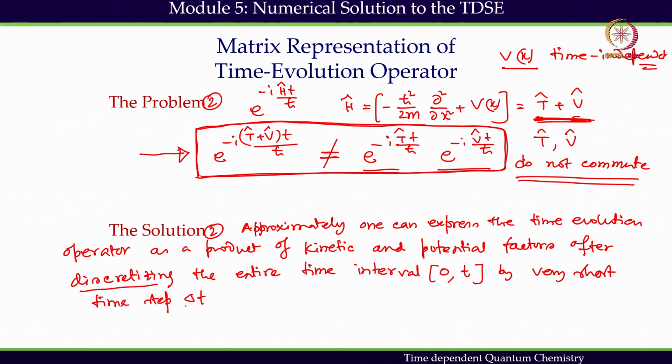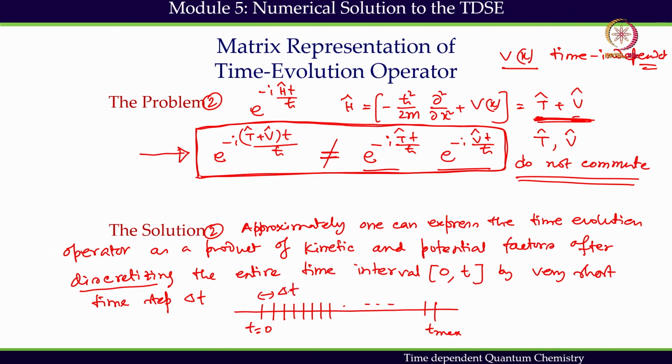If I do that, I have a time starting at t equals 0, ending at t max, and each time step is discretized now, and the time interval is delta t.